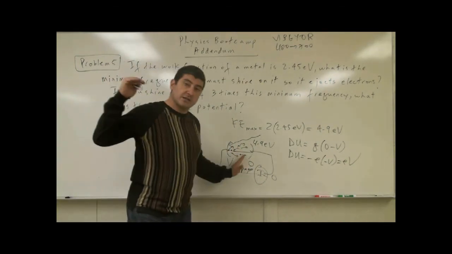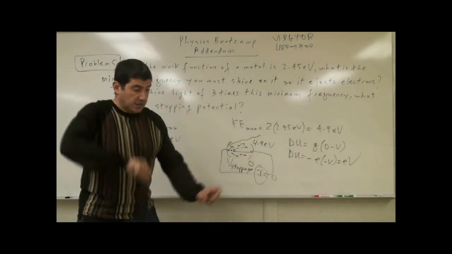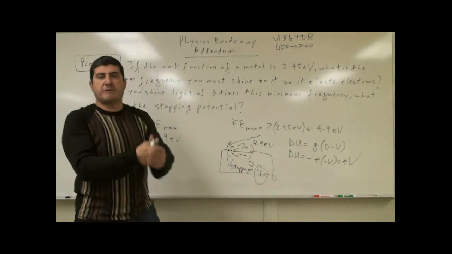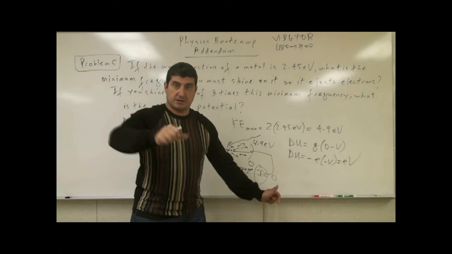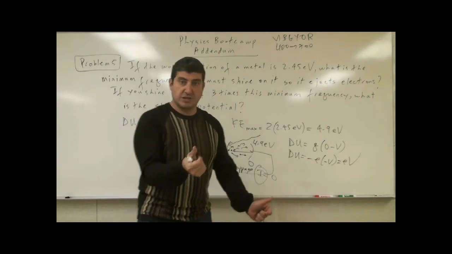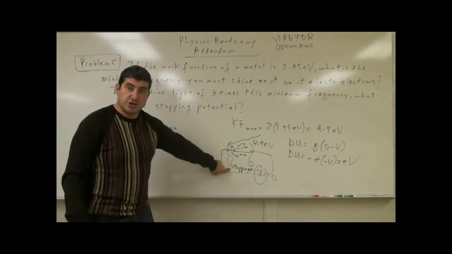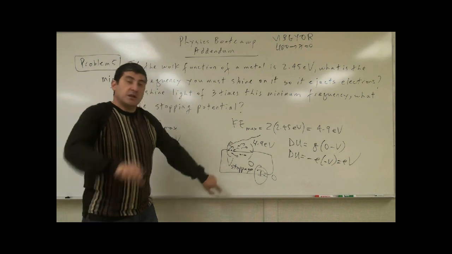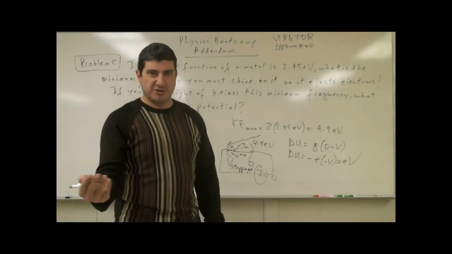We can shine light of a certain frequency, okay? We can raise the frequency, and once we reach the minimum frequency, we know there's a certain current. We pass that frequency by a certain amount, then increase the voltage on one of the plates until the current is 0, okay?